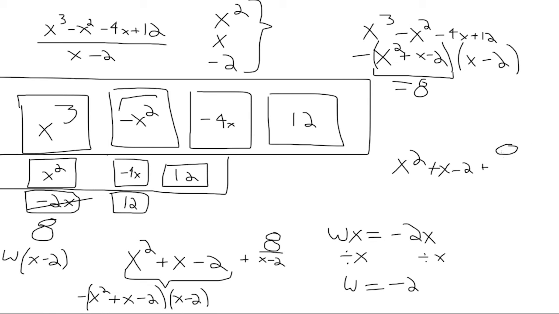But we also have an 8 here, and we're dividing it by x minus 2. So we're dividing the remainder, this is really just the remainder, by x minus 2. And we'll see that correlation later in a second.